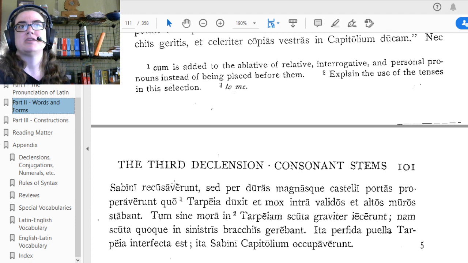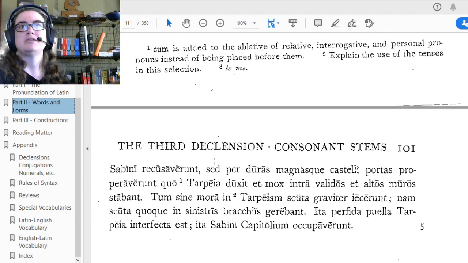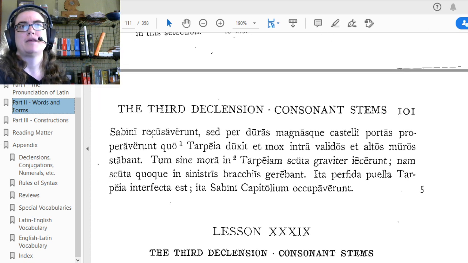Nor did the Sabines refuse, but they hastened through the sturdy and large doors of the camp, whither Tarpeia led, and soon were standing inside the strong and lofty walls.